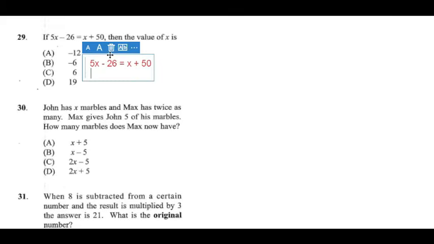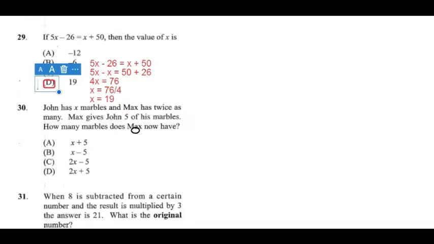So therefore we're putting the x on one side of the equation and all the numbers on one side, so it becomes 5x minus x is equal to 50 plus 26, and we now have 4x is equal to 76, and therefore x is equal to 76 divided by 4, and x is equal to 19, and our answer to 29 is D.